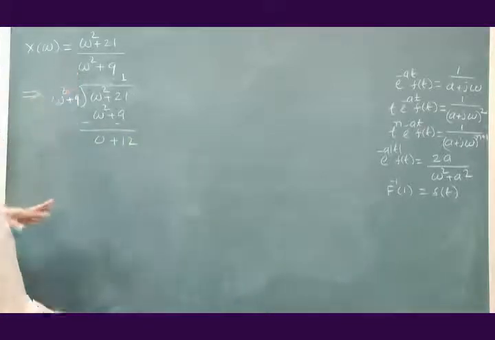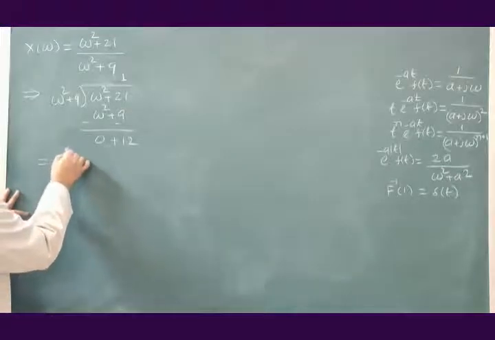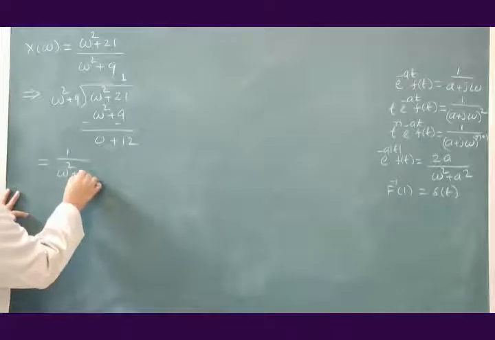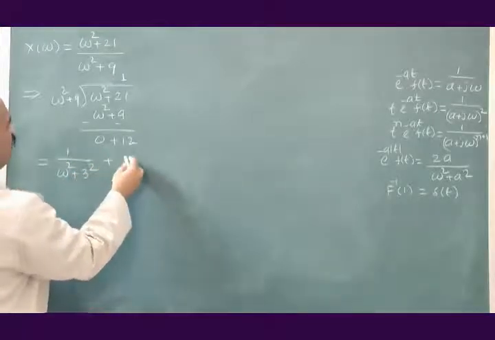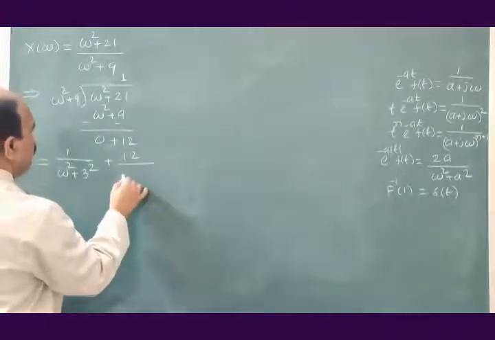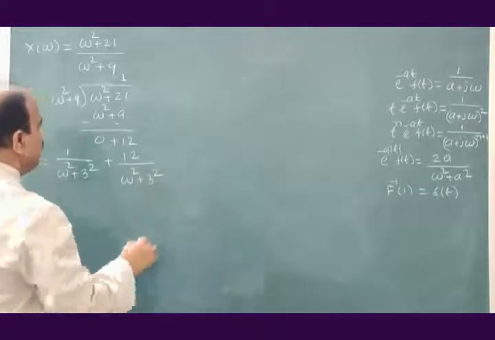Okay, so this may be further written as 1 plus 12 divided by omega square plus 3 square.